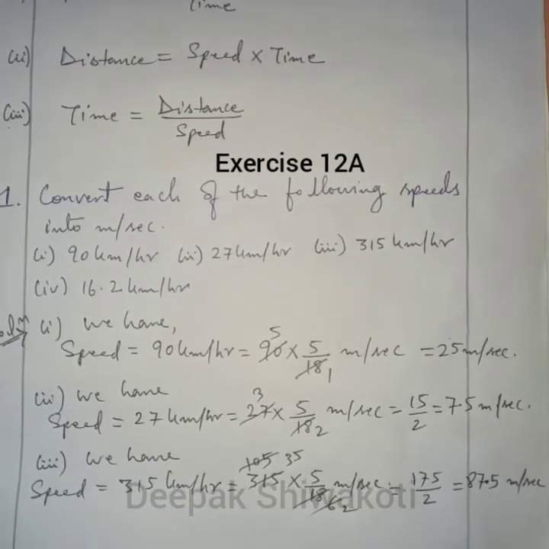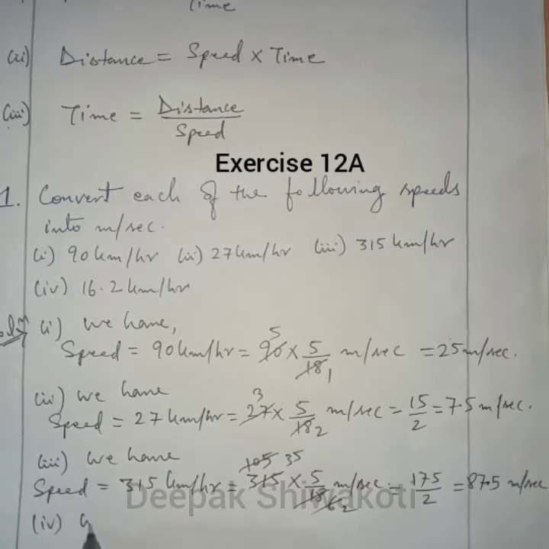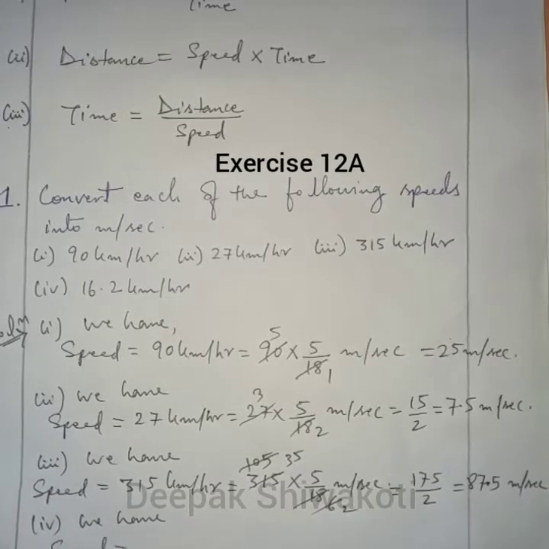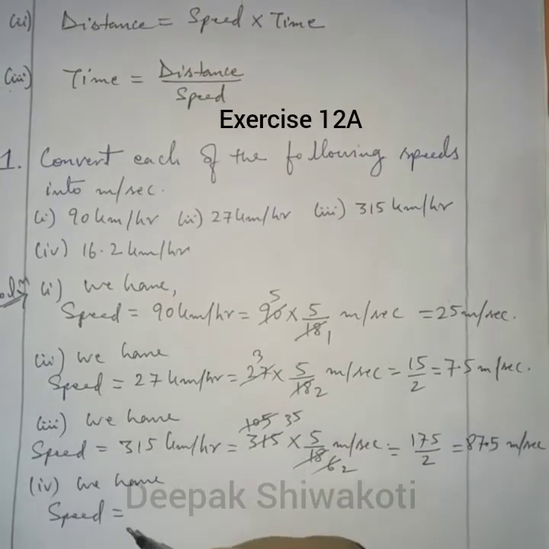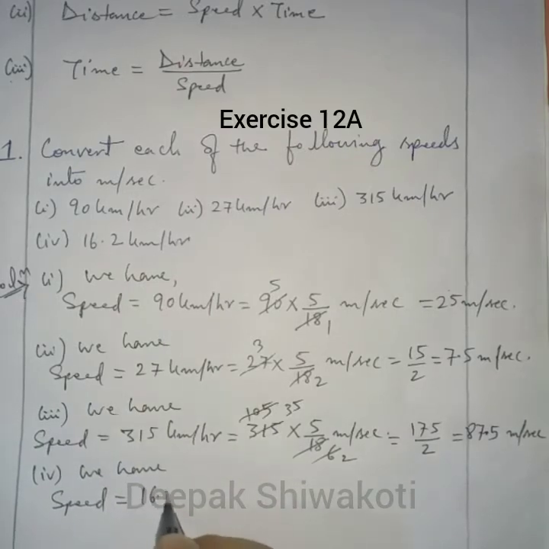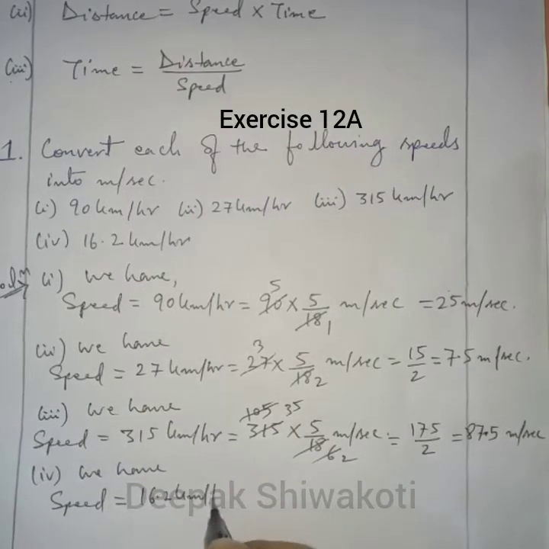Now number 4, we have speed equal to 16.2 kilometer per hour. So this will be 16.2 into 5 by 18.